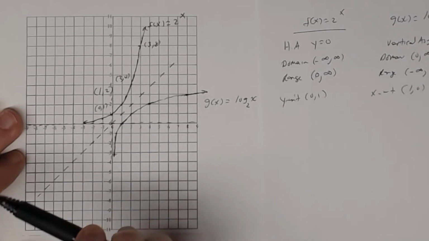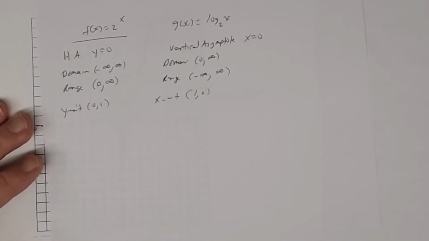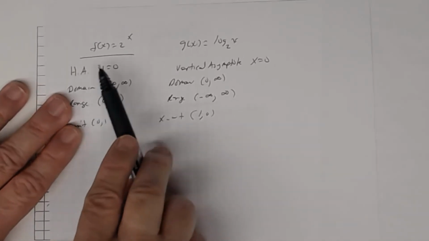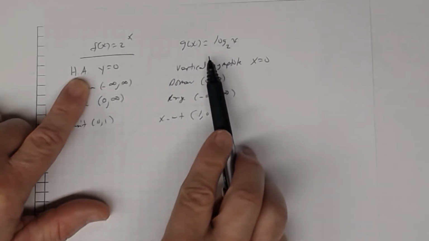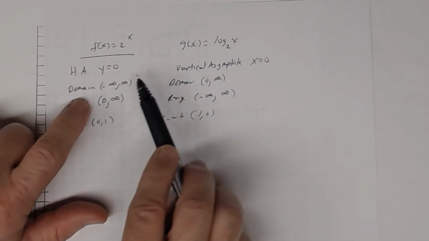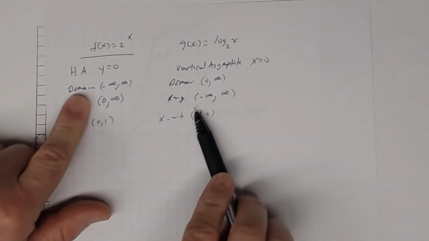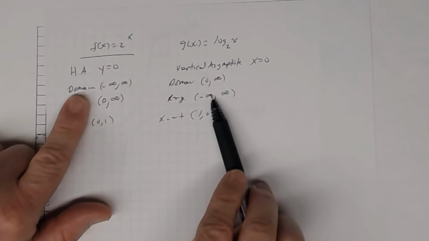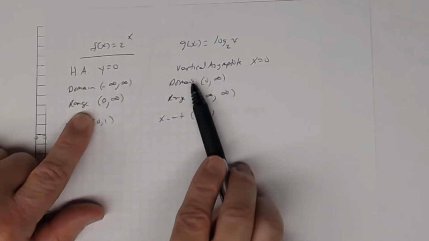You also know now that an exponential function has a horizontal asymptote, and a logarithmic function has a vertical asymptote. You also know that the domain of an exponential becomes the range of its inverse, which is a logarithm, and the range of an exponential becomes the domain of its inverse.